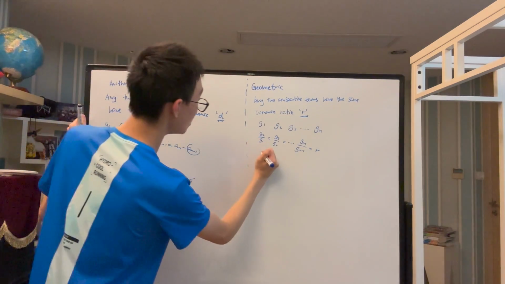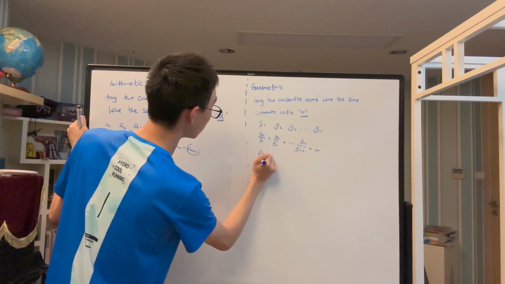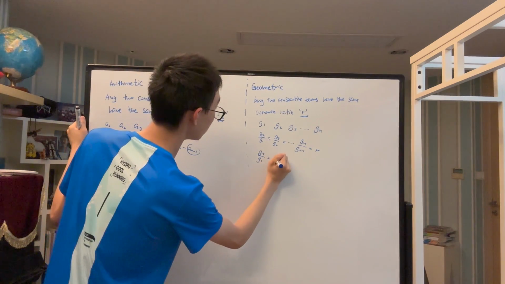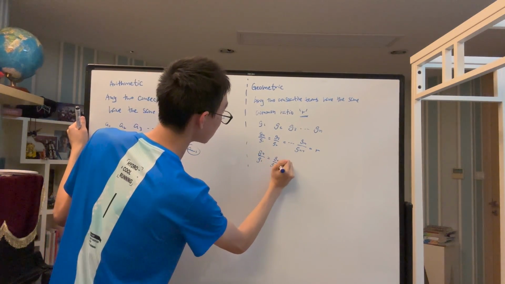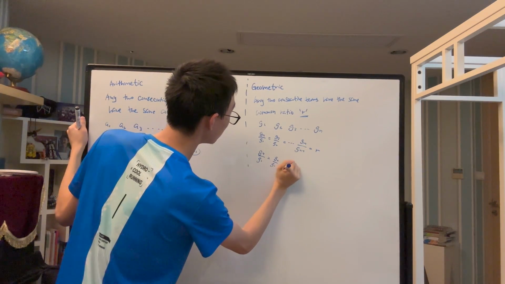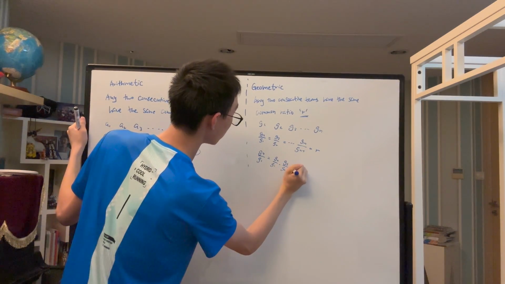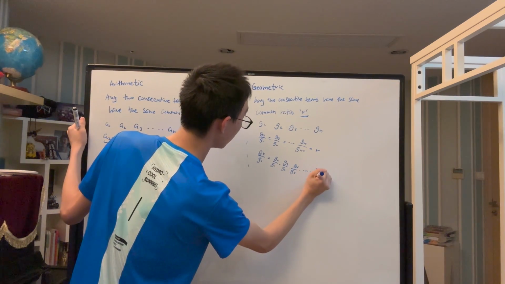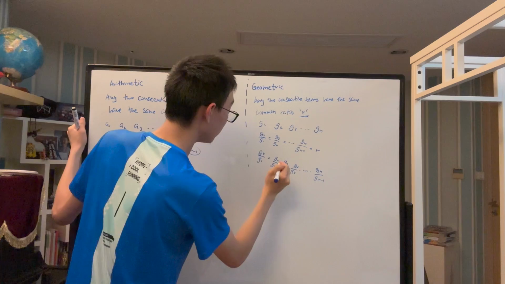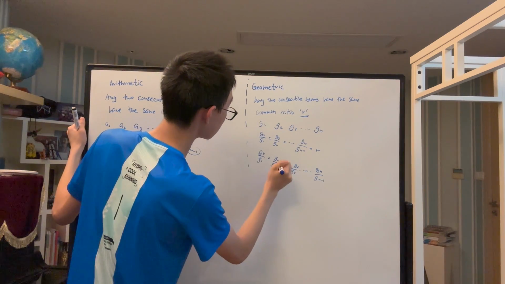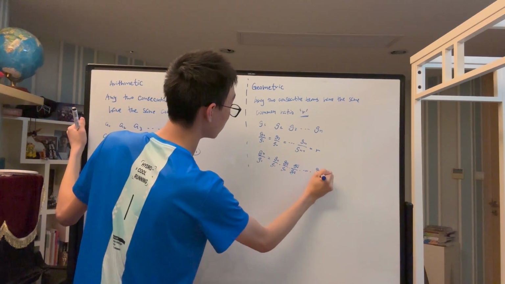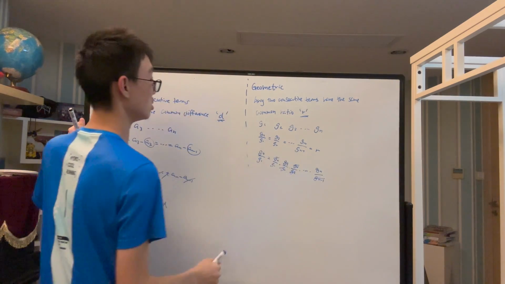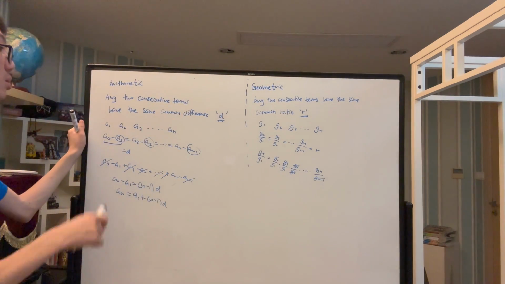Well, if we want to find Gn over G1, we can just simply multiply G2 over G1 times G3 over G2 times G4 over G3 times ... times Gn over Gn minus 1. And then we can see that all of these cancel out perfectly, where we're left with Gn over G1.